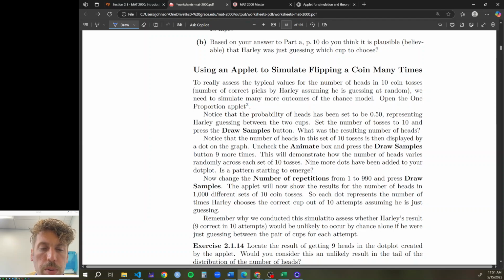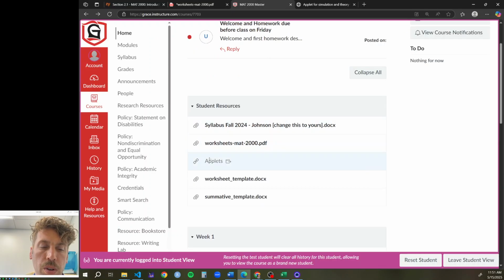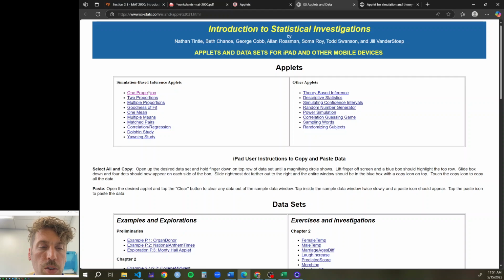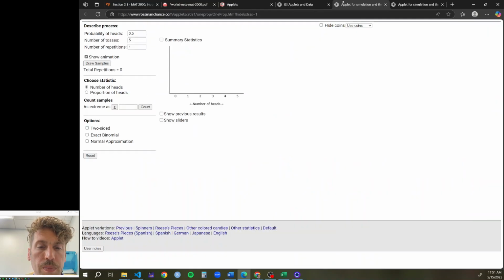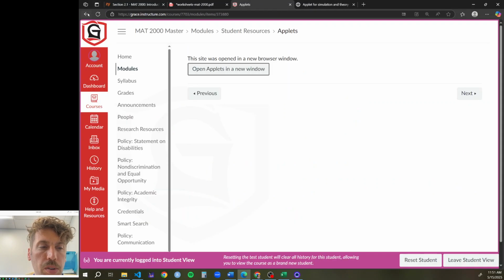I'm in drawing mode right now, but on your mouse, you can click on the little number 2 and it'll take you to the applet, or you can always go to our Canvas page, student resources, applets, and open that in a new window. It's the one proportion applet. So you go there, and there you go. I already have it open, so I'm going to go back here.